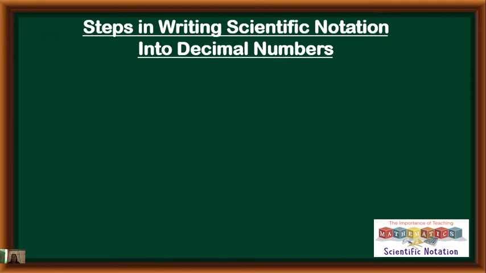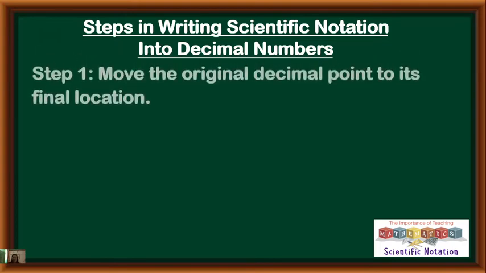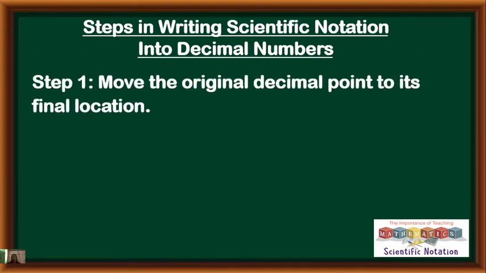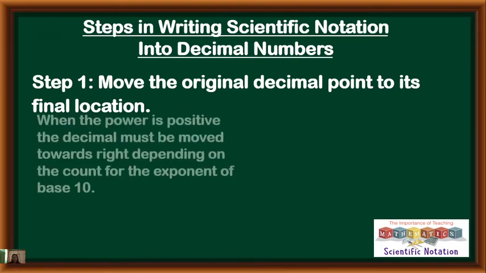Next, how about steps in writing scientific notation into decimal number? So this time our given is the scientific notation and it will be rewritten into a decimal number. Step 1. Move the original decimal point to its final location.